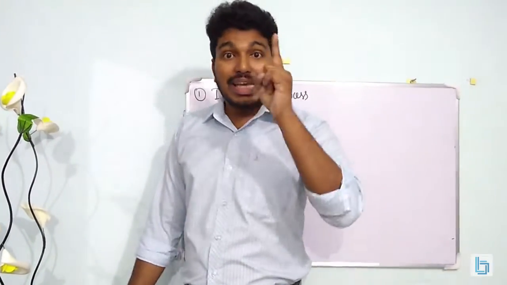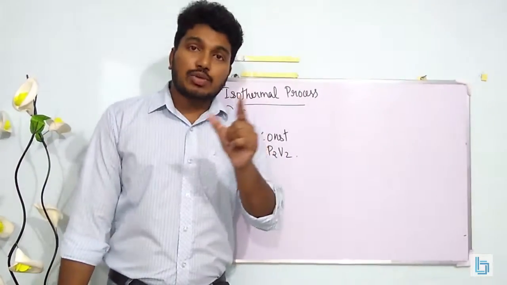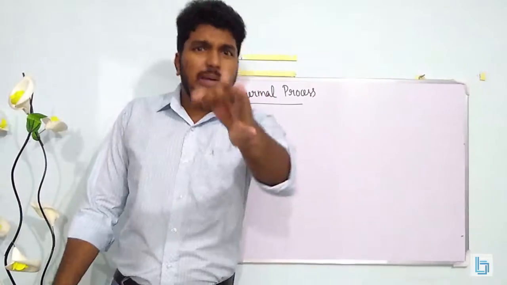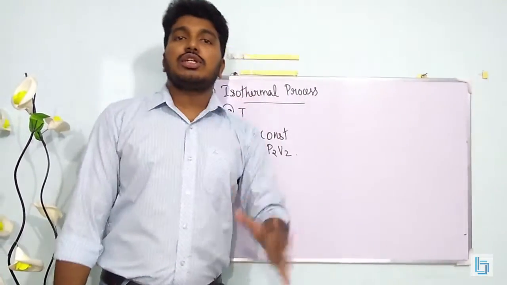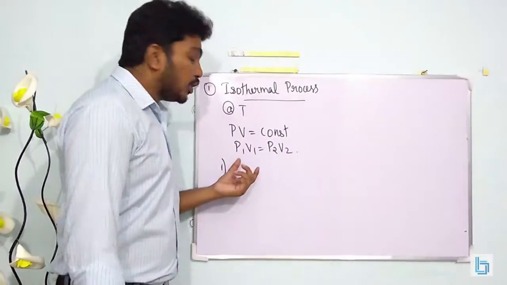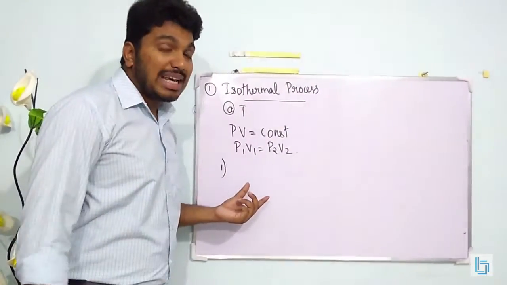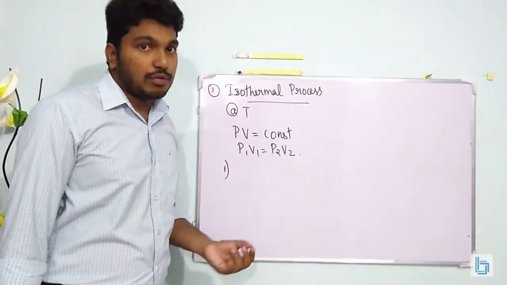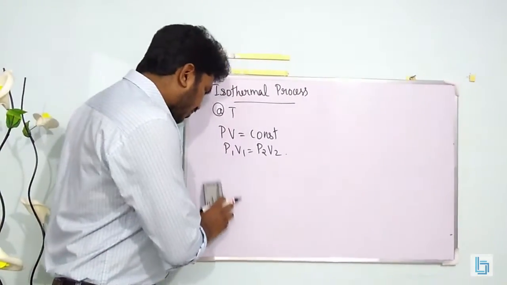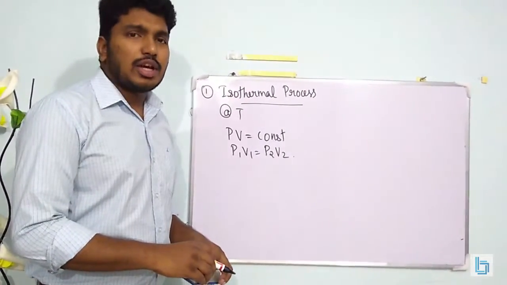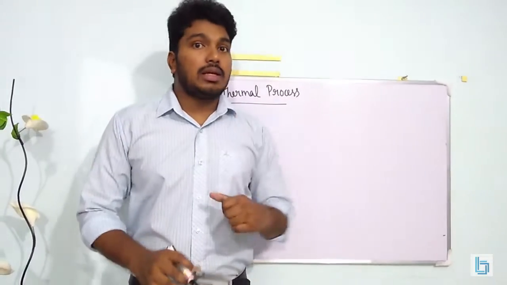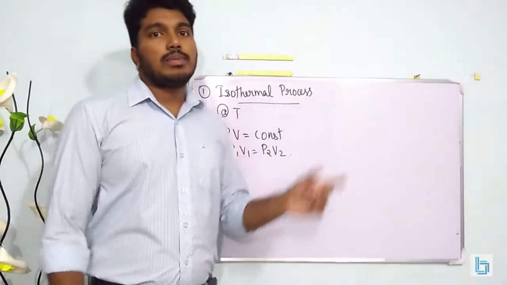So it should be perfectly conducting to facilitate heat transfer. And the process should take place extremely slowly, giving sufficient time for the heat exchange to take place. Okay, so those two conditions, please don't forget, it can come as a theoretical question for you. Now the next point that you have to remember is about the specific heat of an isothermal process.